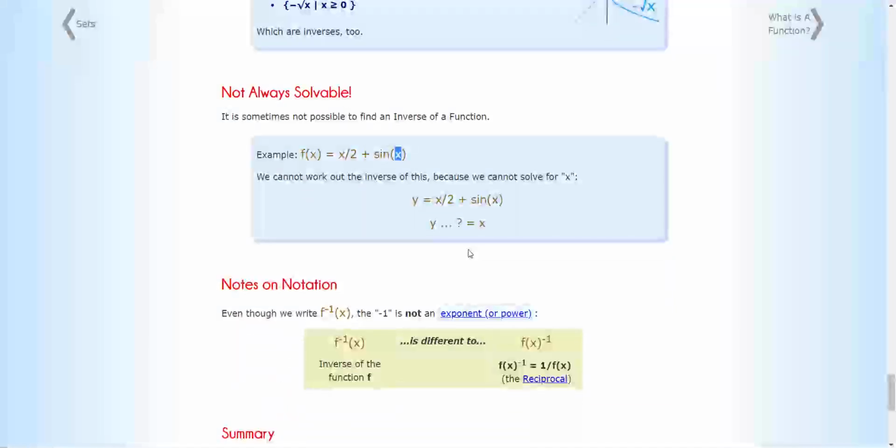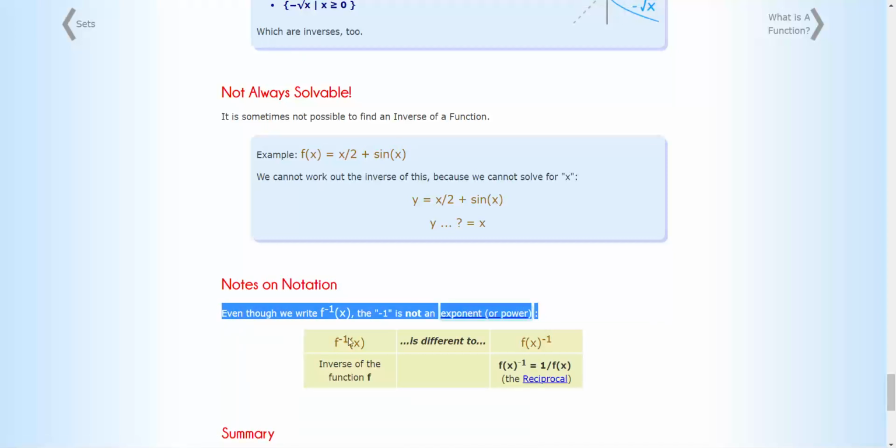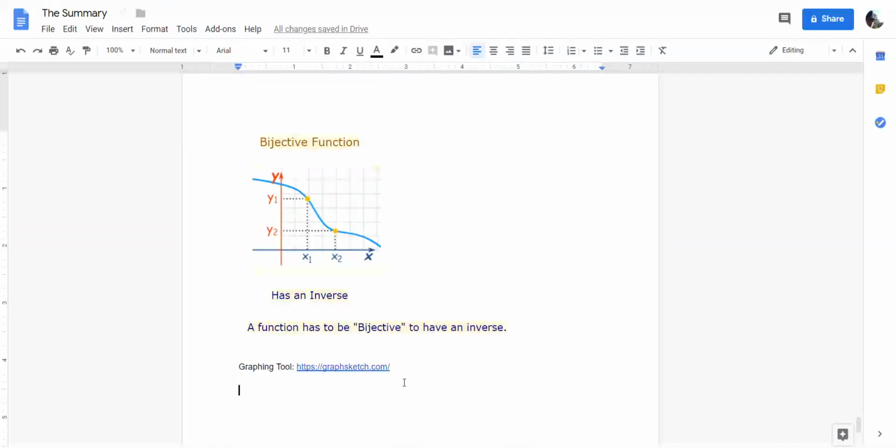Let's see what's being said here. Notes on notations. Even though we write f inverse of x, the negative one is not an exponent or power. It's just a notation. It just means the inverse. So that's that. There's a difference between this way, and there's a difference between this and that.